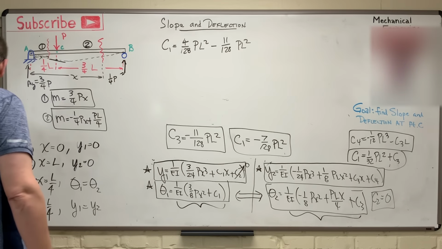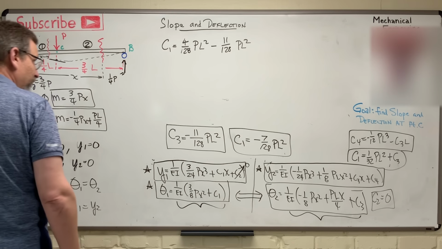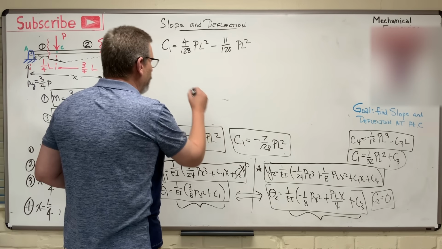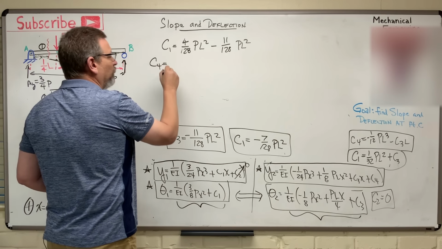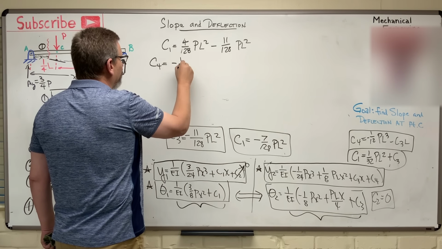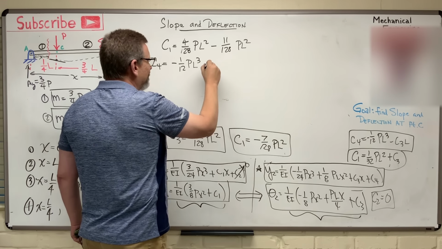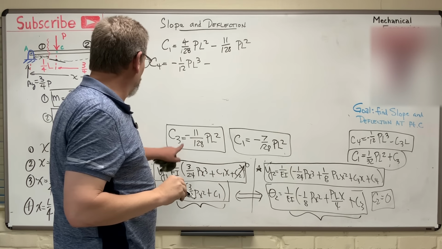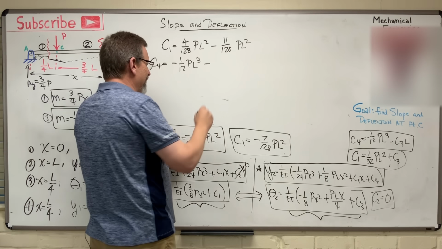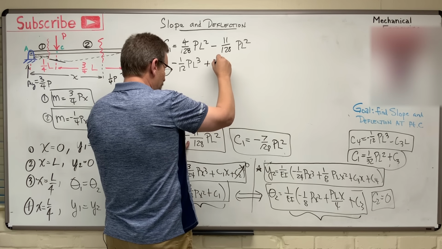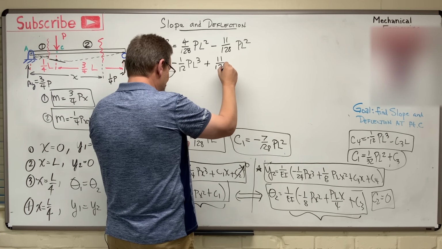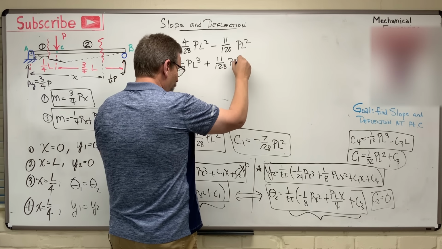And then we come back, we would like to have C4 as well. Let's get C4. Let's see if that's hard. C4 is equal to minus 1/12 PL cubed minus C3L. Okay, so minus a minus turns into a plus. 11 over 128 PL squared.